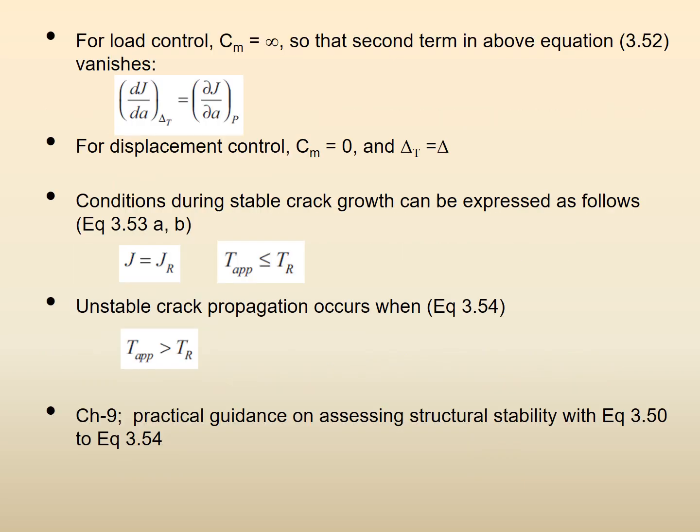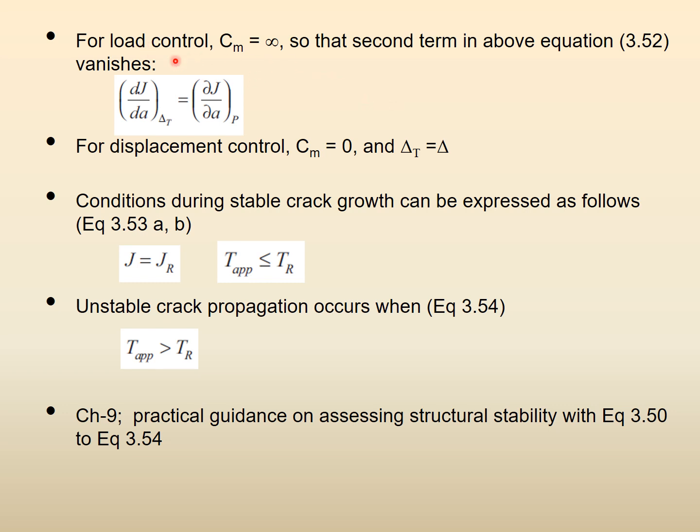For load control, when we are leaving the displacement uncontrolled, we are giving the load from 1 kilonewton to 2 kilonewton to 3 kilonewton, but we have left the delta uncontrolled. So for load control, C_M compliance is infinity, so that the second term in the above equation vanishes.